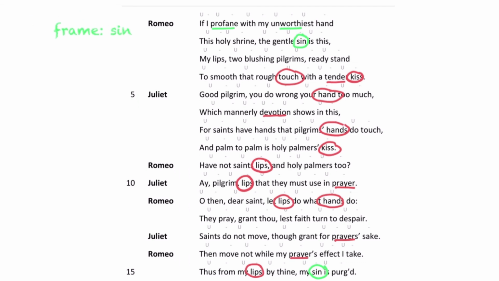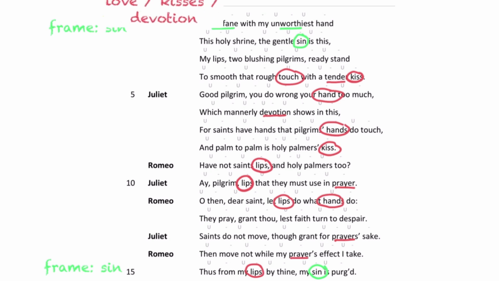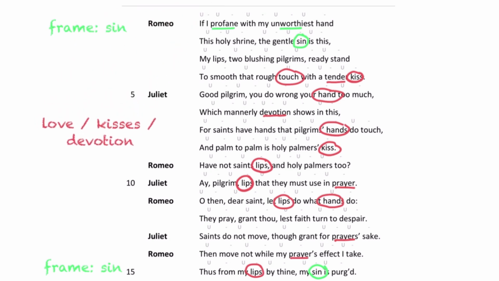So to sum this whole thing up, you can see here that there's actually a frame that can be found. So we've got sin up here and sin in the line right after the sonnet, so the next sonnet. And we've got all kinds of words that have to do with love and devotion, kisses, a lot of pairs again. So lips, hands, prayer, touch, devotion.